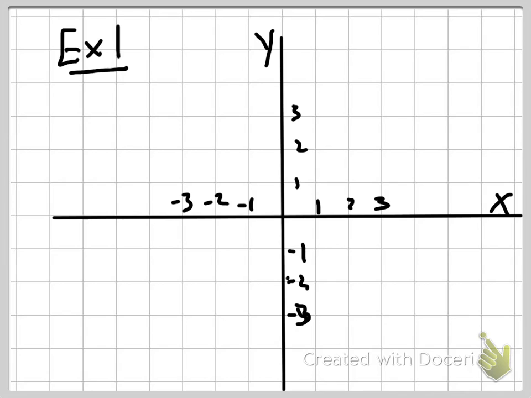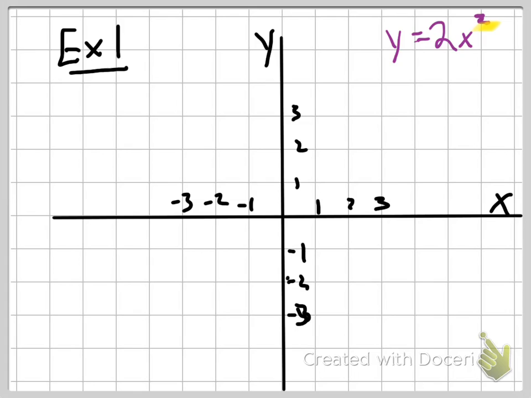We're going to go ahead and graph the equation y equals 2x squared. Right off the bat, you know that this is going to be a quadratic function because your x is squared. Your input value is squared. You also know that because it's a quadratic function, it's going to be a curve. It's not going to be a straight line graph.